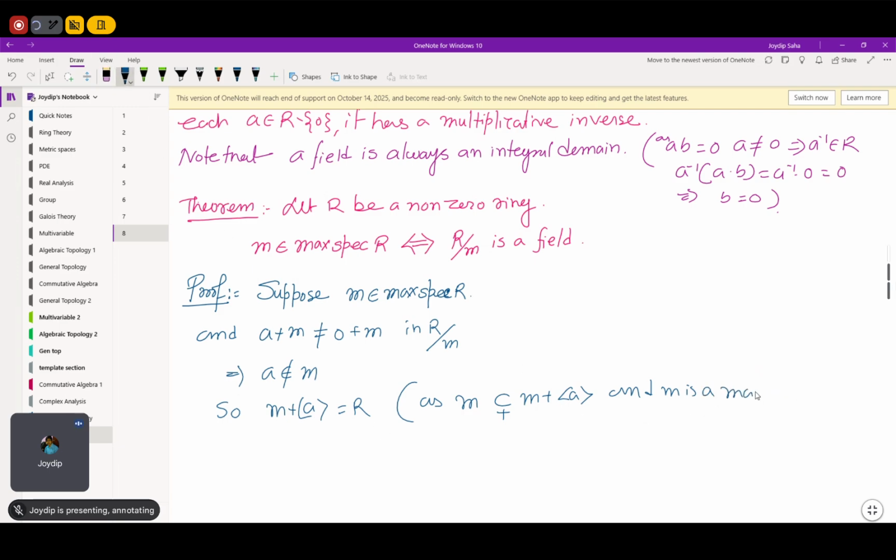Therefore, it is a strict containment, and M is a maximal ideal, so M plus a has to be R. So this implies 1 belongs to M plus a.